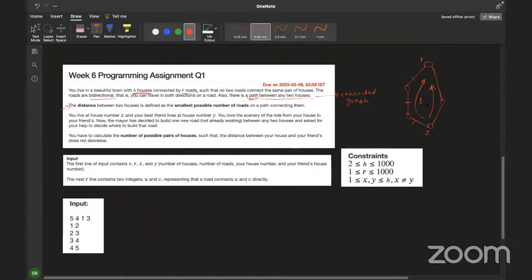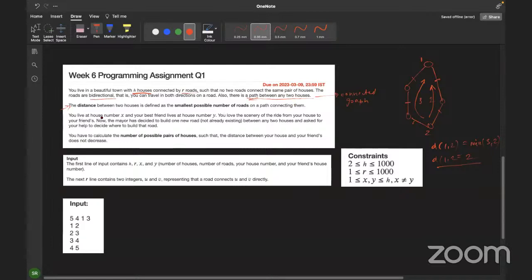So the distance would be 3 from this path. And from this path, this would be 1 and 2, right? Now the distance is defined as the smallest possible number of roads. The distance between 1 and 2 would be the minimum of all the paths, that is the minimum of 3 and 2, that is 2. So the distance between 1 and 2 would be 2 in this case. So this is what this statement means.